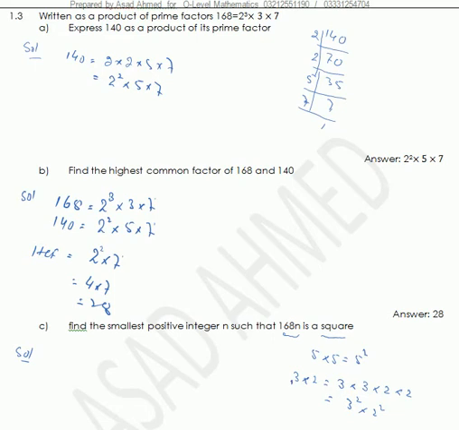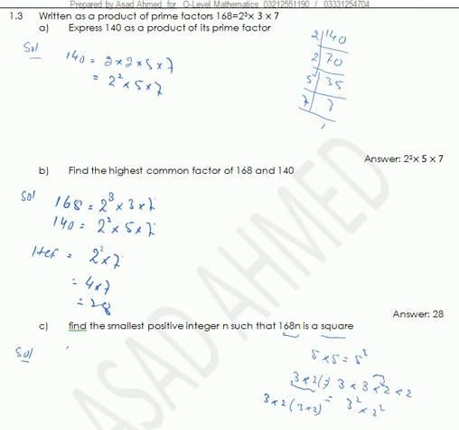So this number can be converted into square form. It means 3 multiplied by 2, times 3 multiplied by 2, the same number, to make it a square.